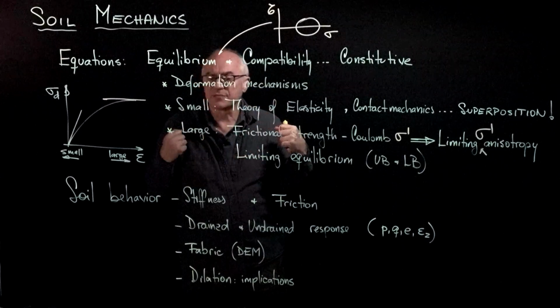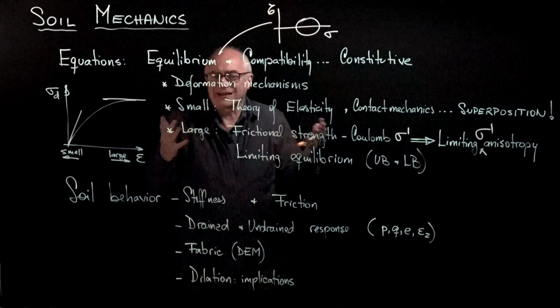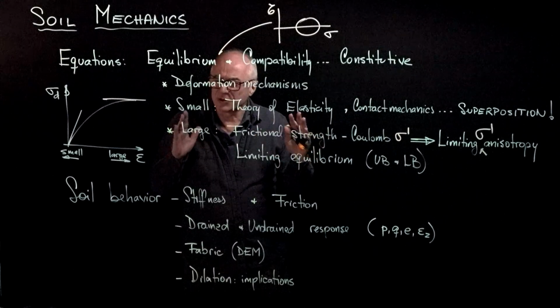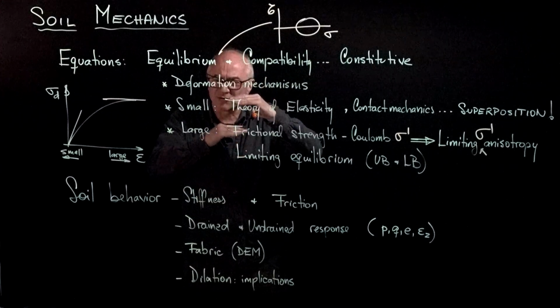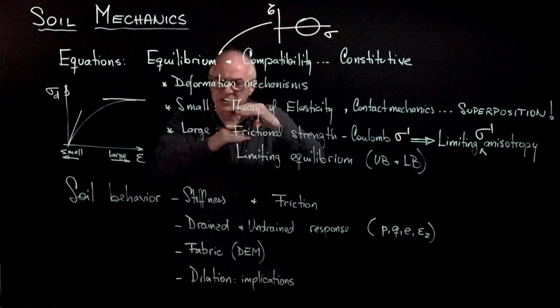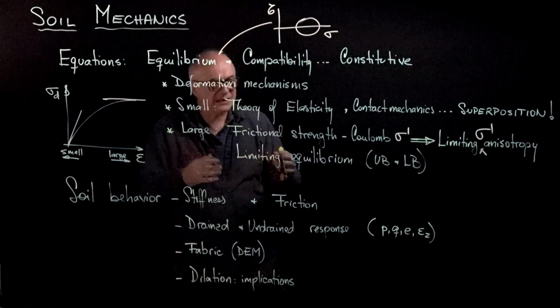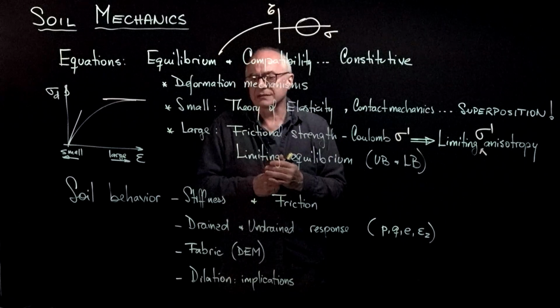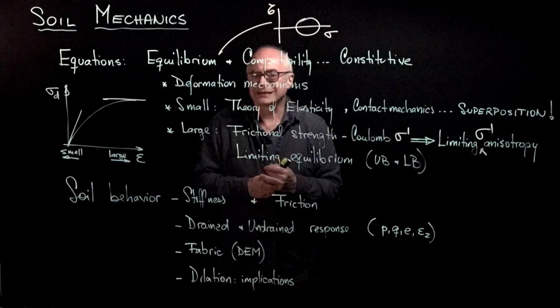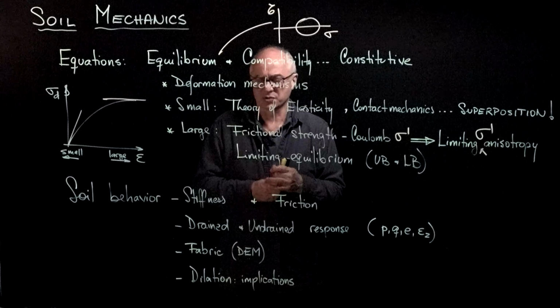And from an engineering point of view, this is so elegant. We don't need to know the truth, but we just need to come pretty close to constraining the potential values of the truth. And these are the upper bound and lower bound theorems, which are also known as the statically admissible and kinematically admissible solutions.